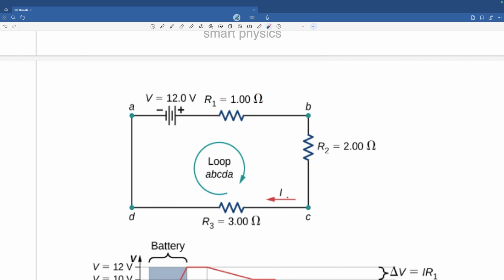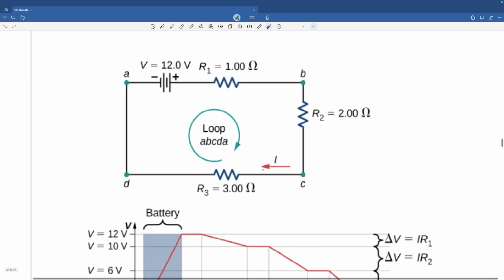So if the current is I, it's going to be I times R1. Same thing here. It's again going to drop because this end is positive, this end is negative. So it's going to drop by I times 2. Again, it's going to drop by I times 3. Same reason, because this end is negative, being connected to the negative of the battery. See that?